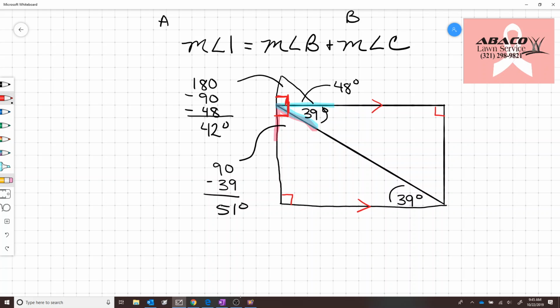Because they form a line, they're a linear pair. So for a couple different reasons, that's 39. Now, this triangle on the left is a 39, 51, 90 triangle, isn't it? And if the two acute angles are 39 and 51, then this triangle on the right has one acute angle that's 39, the other one's 51. Okay?